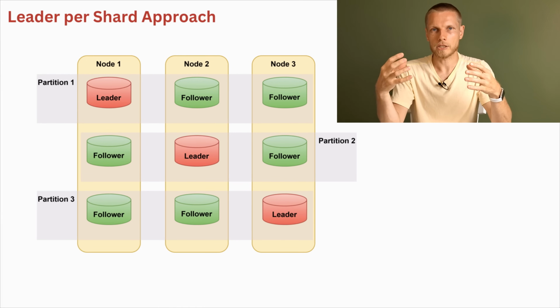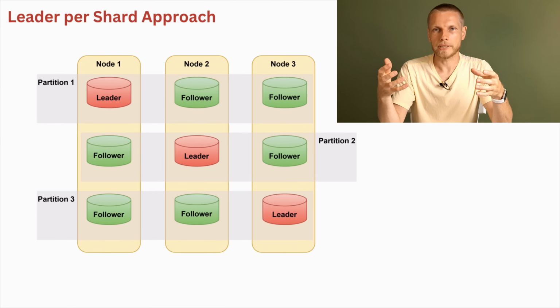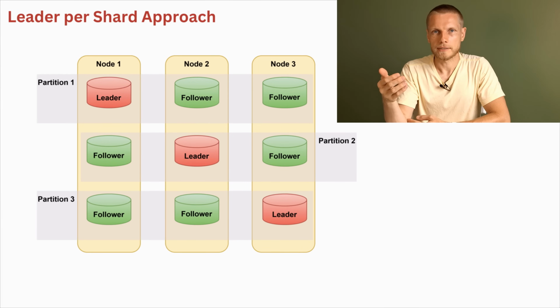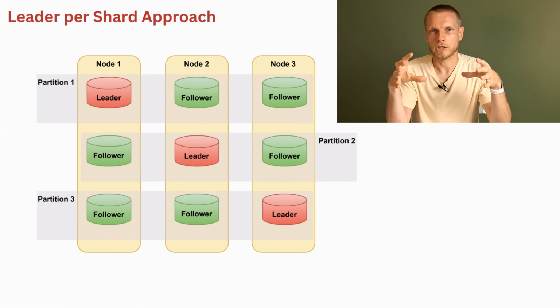It means that each piece of data still can be written only on one node, and it means that there is a total order for the updates to this piece of data, and that there can't be any conflicts. So overall, this schema provides almost all properties of the conventional leader-follower replication schema with a single leader. The edge cases are only related to, for example, transactions which involve multiple partitions and so on.